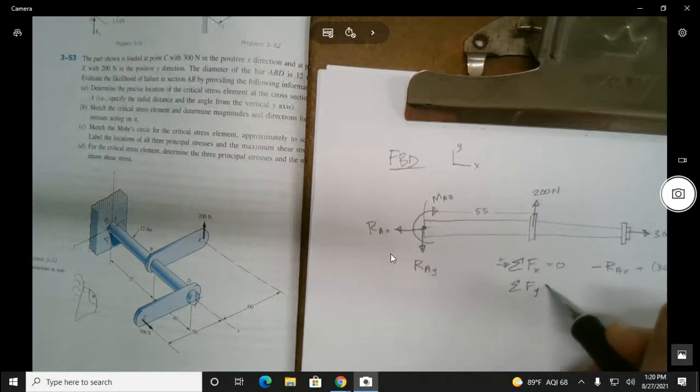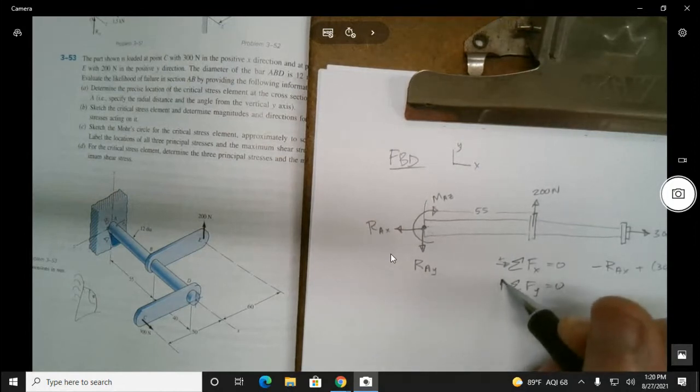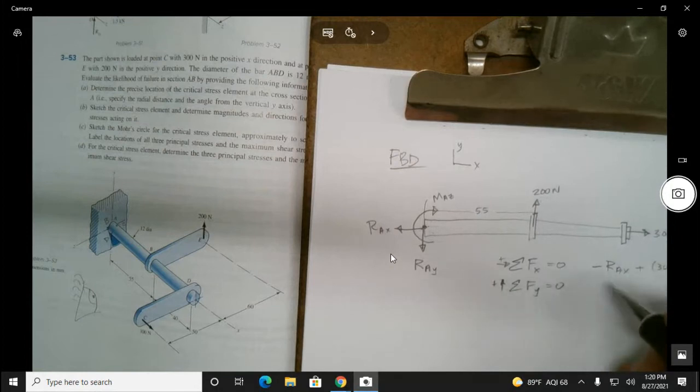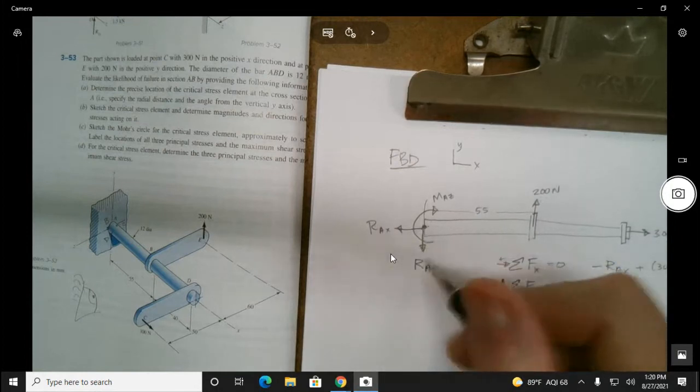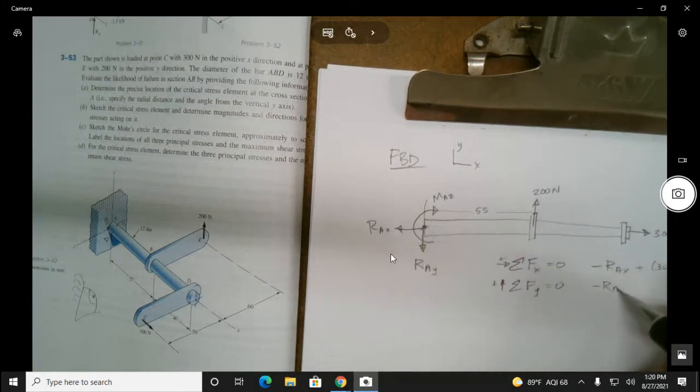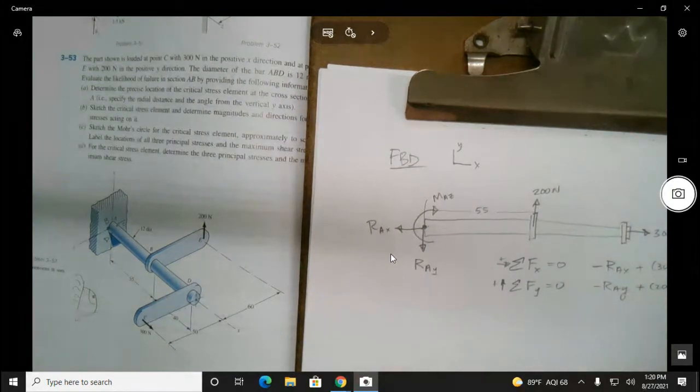But if we were going to be very conscientious engineers, as we should be, we'd say, okay, that one's going down, say RAY, and that's going to be plus 200 equals 0. So RAY is equal to 200 newtons downward.